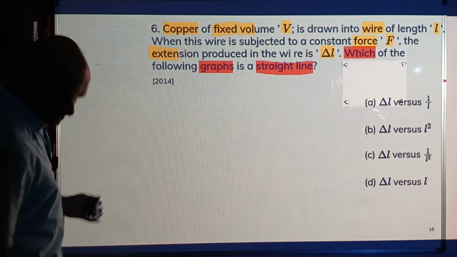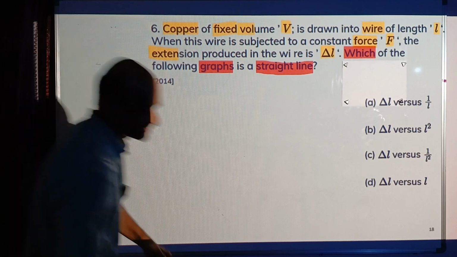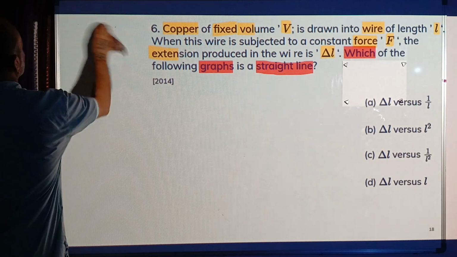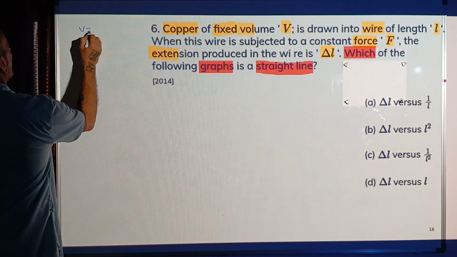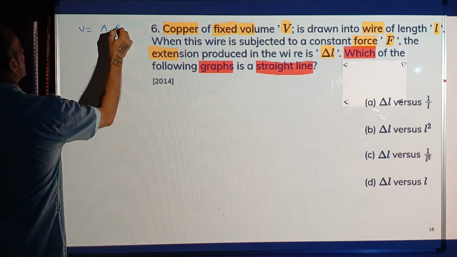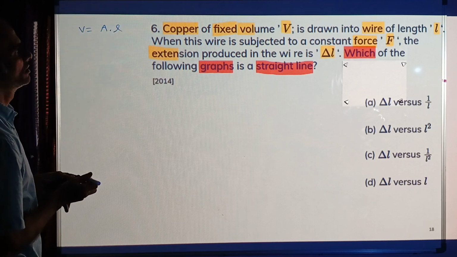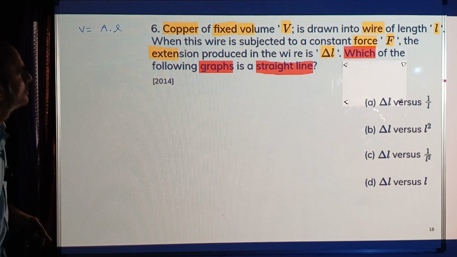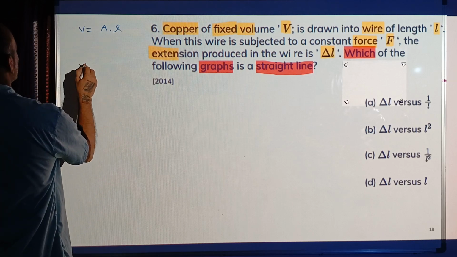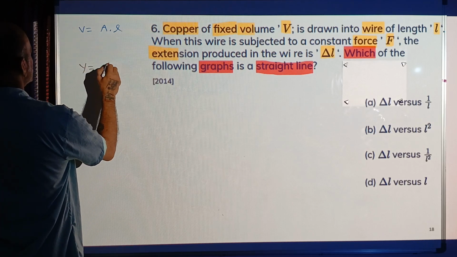So volume is fixed, and volume of a wire is actually a cylinder. It's area into length. Force is F. So Young's modulus of copper is stress by strain.